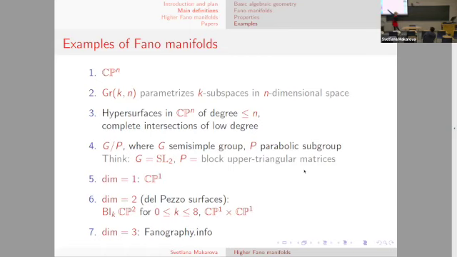The basic example is when G is SL2 or SLN, and for SL2, P can be chosen as the upper triangular matrices, or more generally for SLN, it can be block upper triangular.